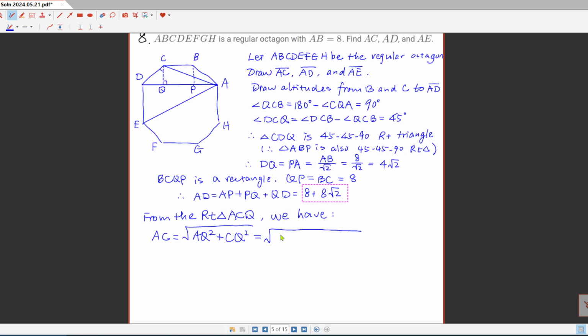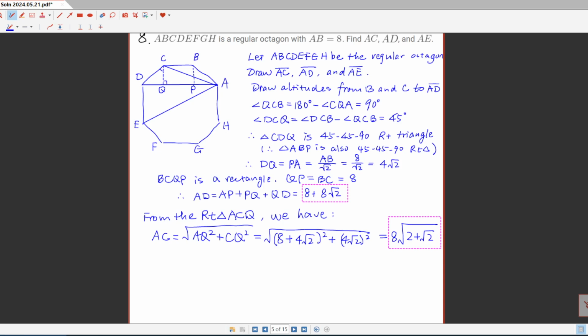So that is square root of, AQ is 8 plus 4 square root 2, and then squared, plus CQ squared. CQ is just 4 square root 2, right? So put these numbers in, and you have AC is just 8 times square root of 2 plus square root 2 after simplification. Again, if the question does not ask you to round up or round down, always keep it as an exact solution here.